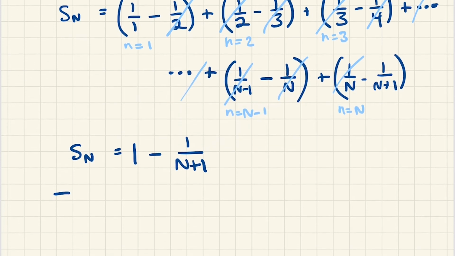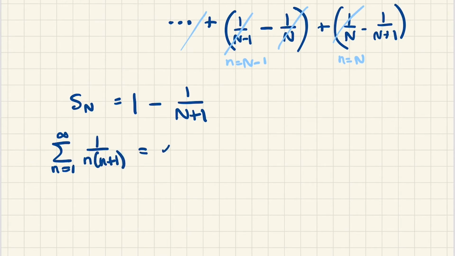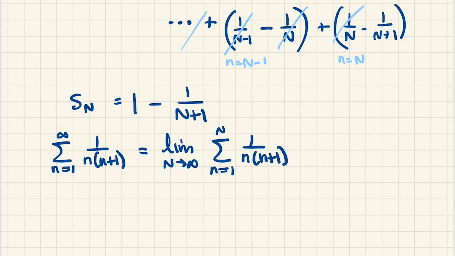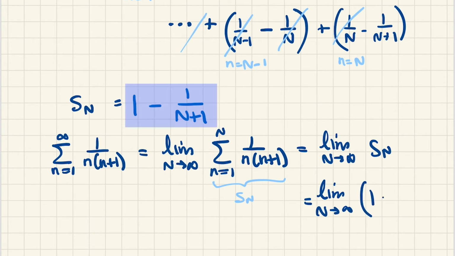All right, well, the original series here is defined to be the limit as n approaches infinity of the finite series, the partial sums. And of course, this is just Sn here. And our Sn is 1 minus 1 over n plus 1.